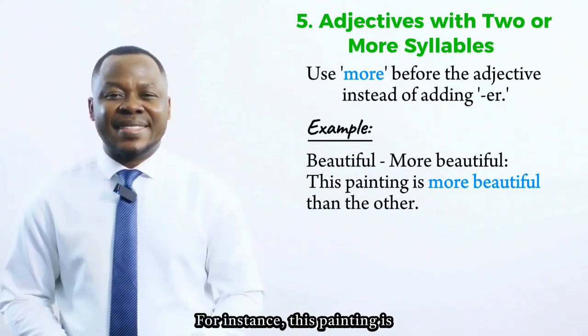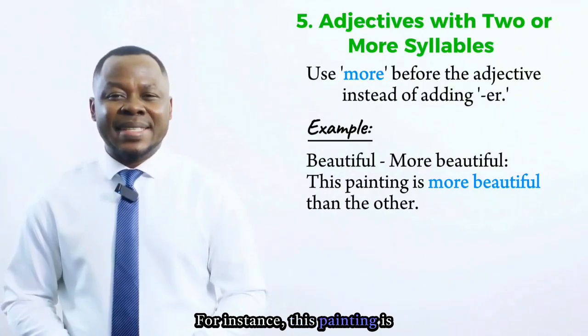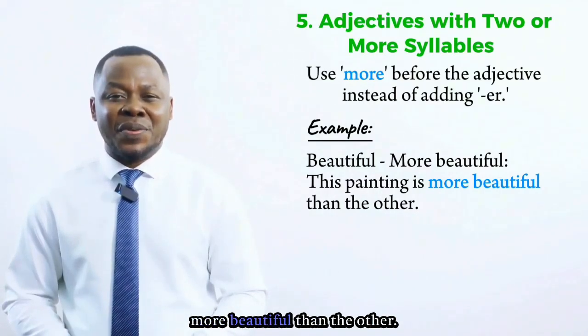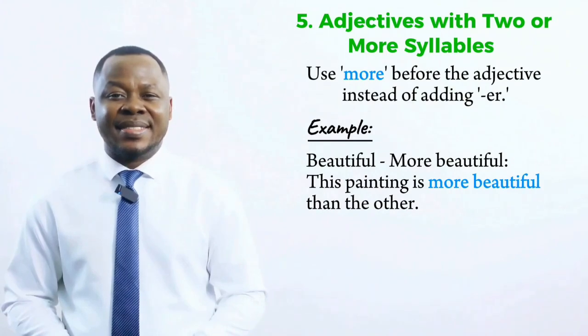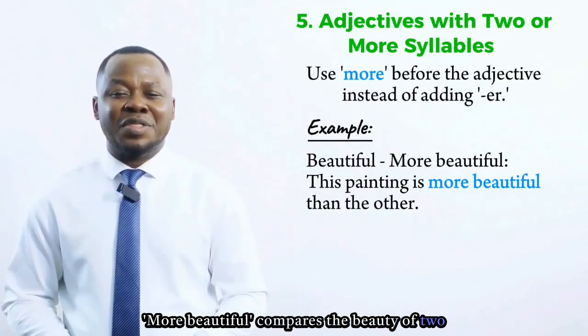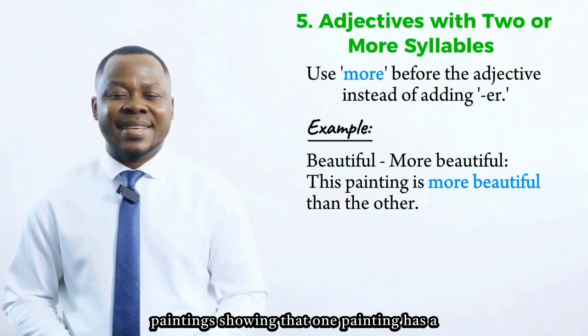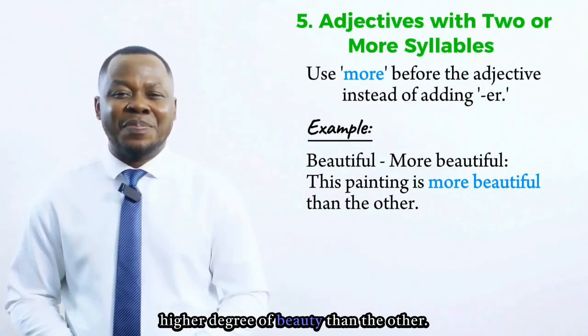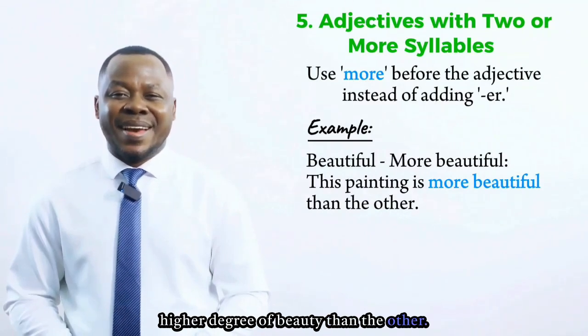For instance, this painting is more beautiful than the other. More beautiful compares the beauty of two paintings, showing that one painting has a higher degree of beauty than the other.